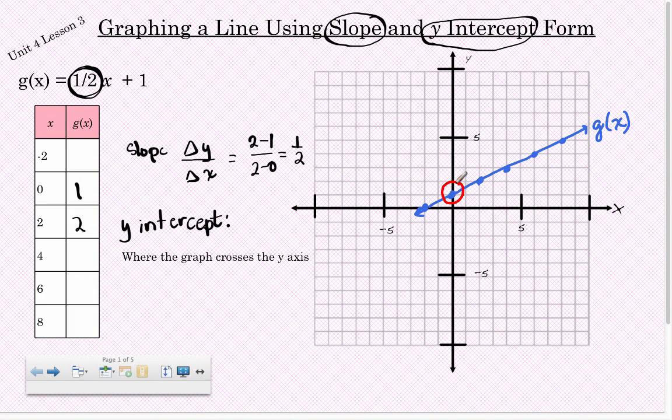Right there. It crosses the y-axis at 1. Oh my goodness. When we look at this, we see that this is the slope and this is the y-intercept.